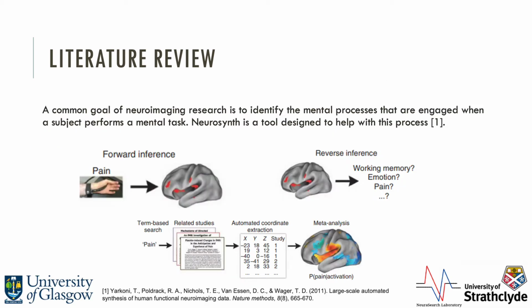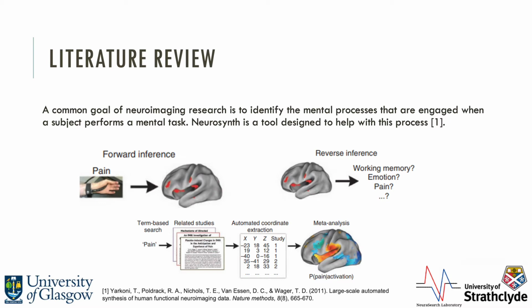A common goal of neuroimaging research is to identify the mental processes that are engaged when a subject performs a mental task. There are two main types of inference that have been widely used in neuroimaging research, including forward inference and reverse inference.